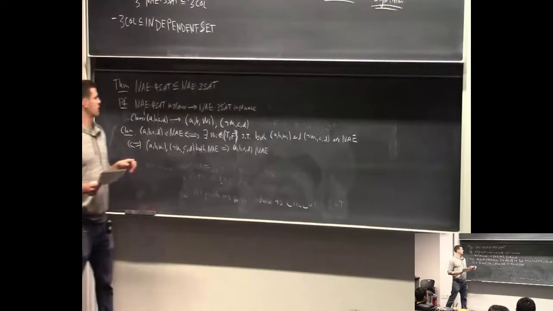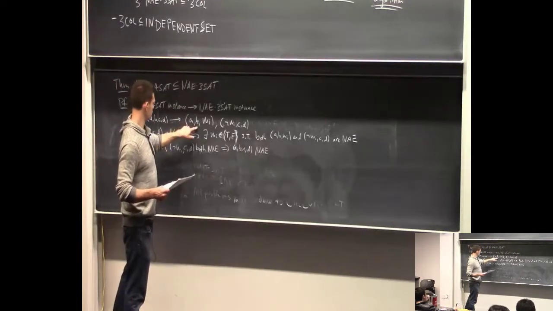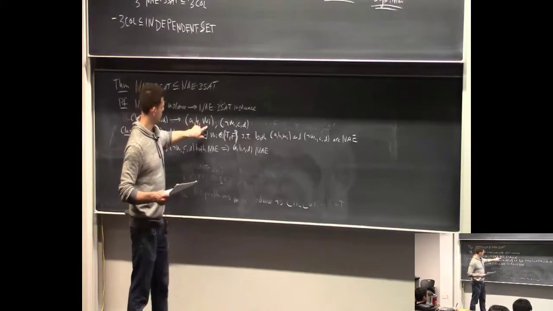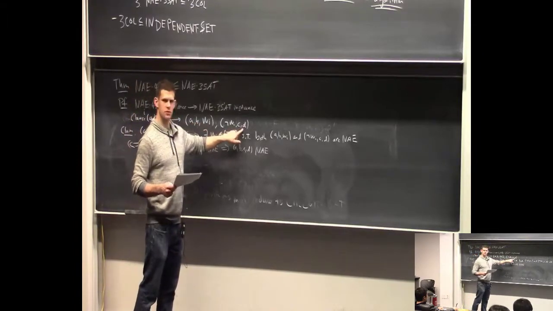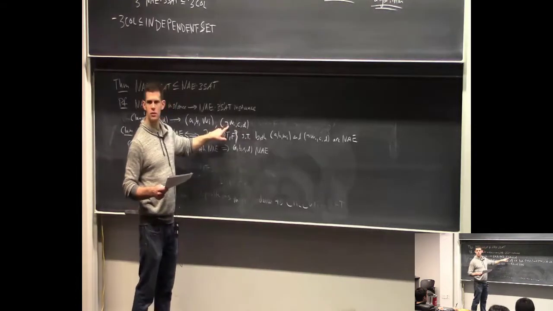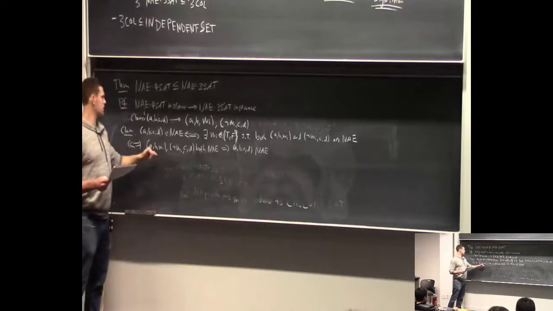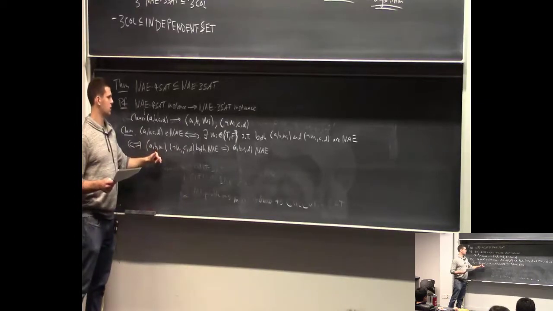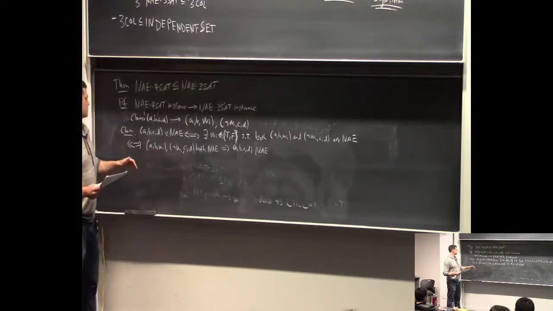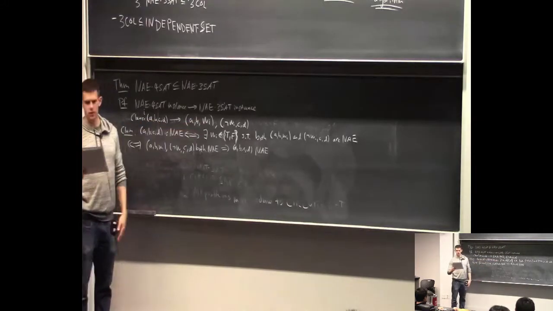Say that these are both true, and this has to be false, but these are both true, and now this is true and it's not NAE. So the point is that if these are both NAE, then it must be the case that ABCD is also NAE.